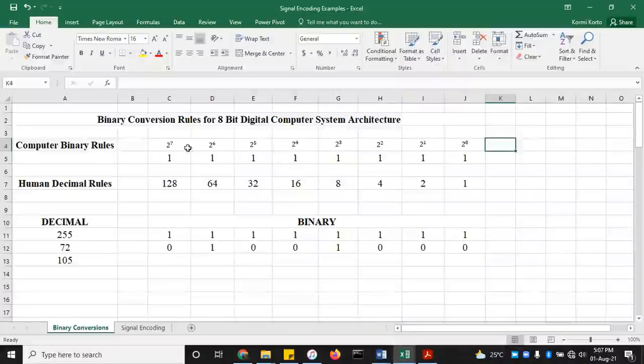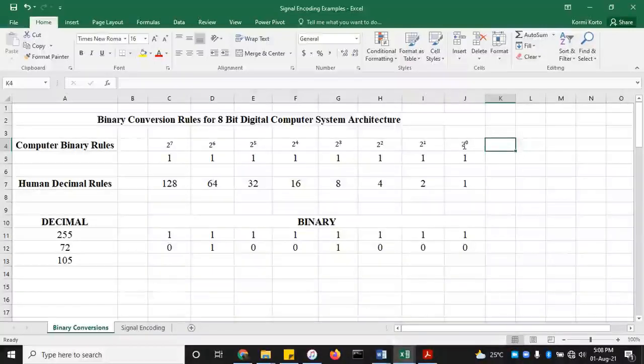Now, for a bit sequence within computer binary to be considered a decimal, to be converted into human decimal rules, the idea is to switch the bit sequence to an on state.